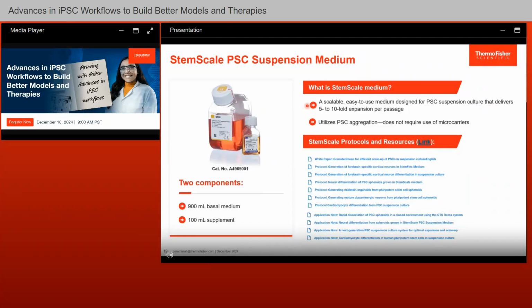So in the next several slides, I'll be going over several examples where we've successfully differentiated our StemScale cultures into several different cell types and organoid types.